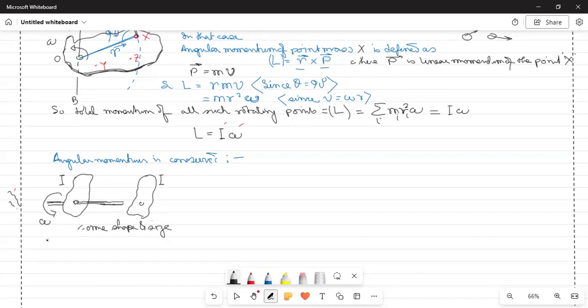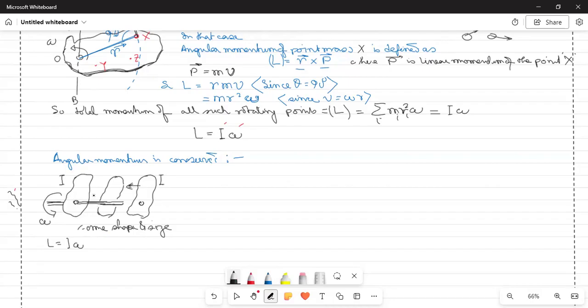Then its angular momentum L is equal to I omega. Now, if somehow you can bring this second body onto the axle, like this, which is of course practically very difficult, you can bring it onto the axle.